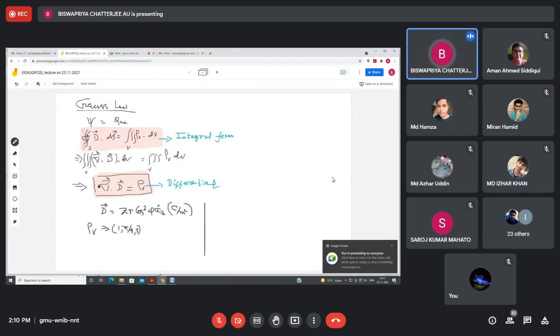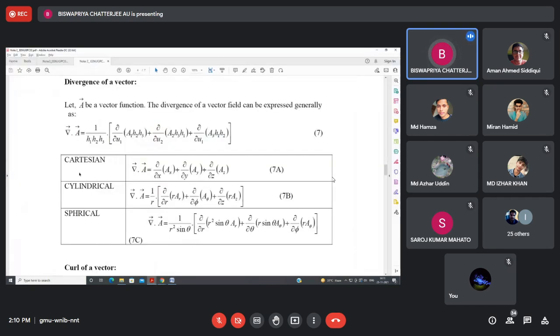So straight away you use this formula: del dot D is equal to rho v. You know that del dot D is the divergence, and the problem is given in the cylindrical system, so you should use the divergence in cylindrical coordinates.